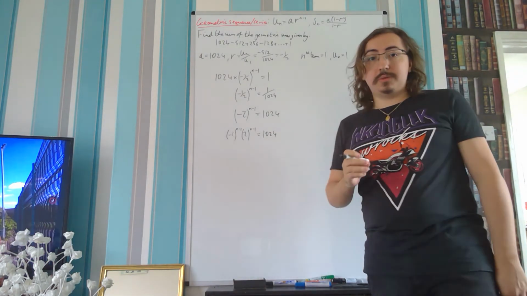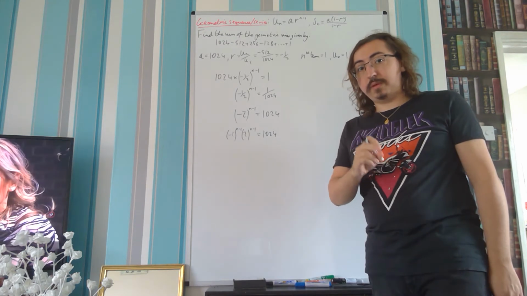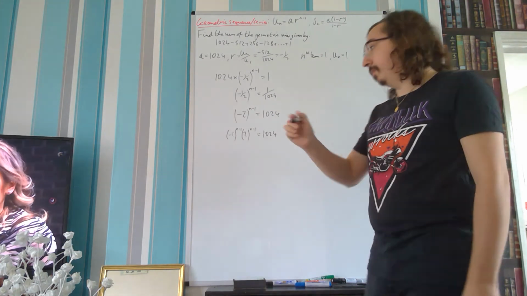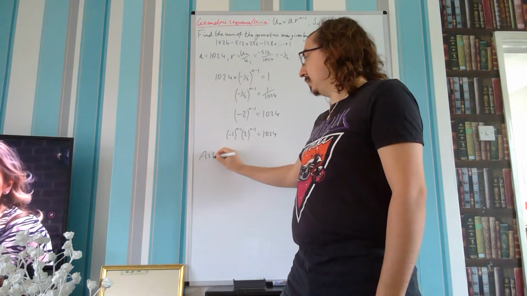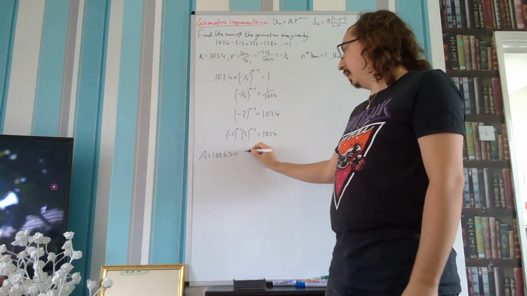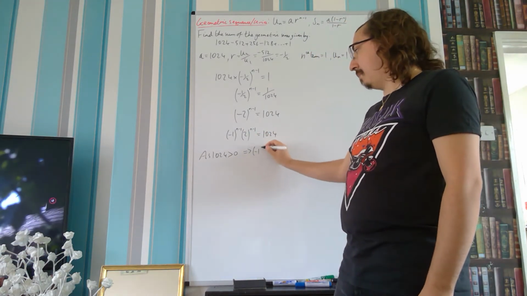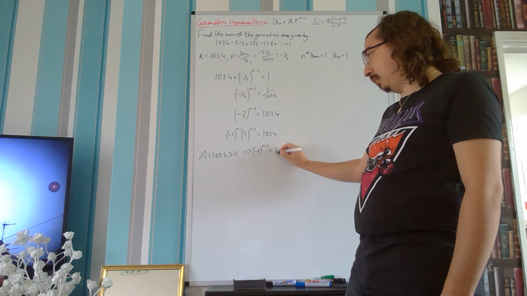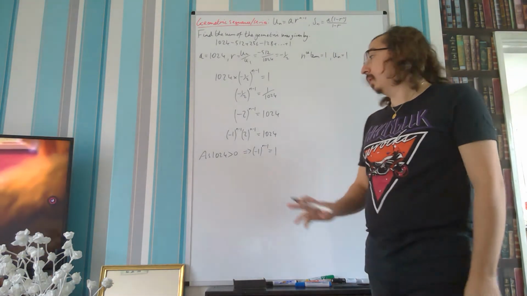Now, the fact that 1024 is positive tells us something about this minus 1 to the power of n minus 1. So as 1024 is positive, that implies our minus 1 to the power of n minus 1 must be equal to 1.